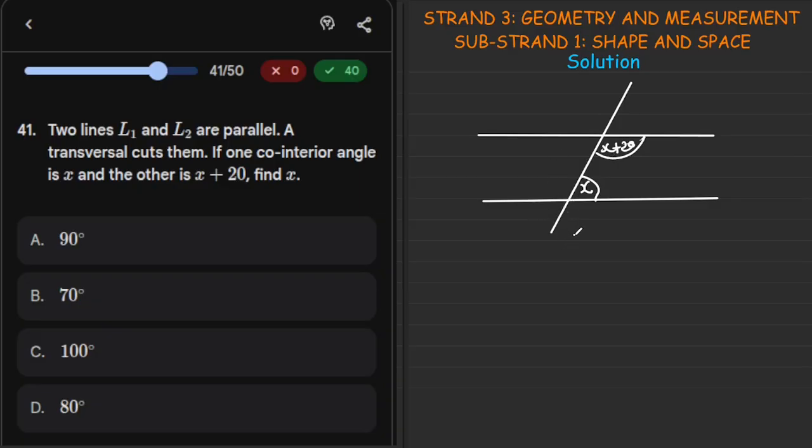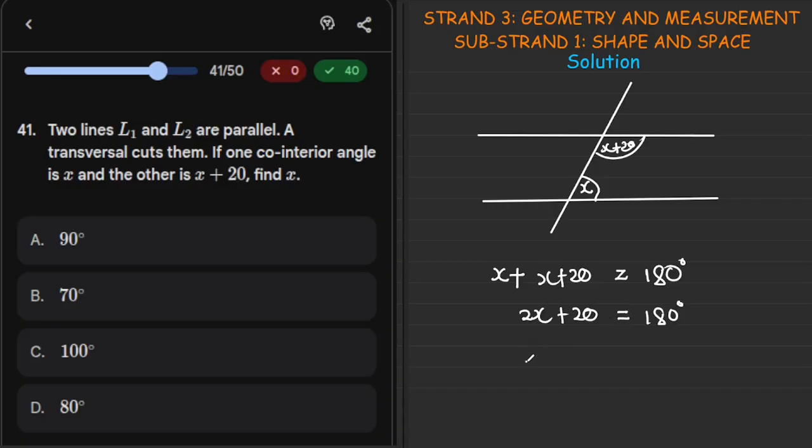So for these two, we said that co-interior angles sum up to 180. So if the first one is x, plus the next one, which is x plus 20, it sums up to what? 180. So x plus x gives us 2x, and we have our plus 20, which gives us 180.